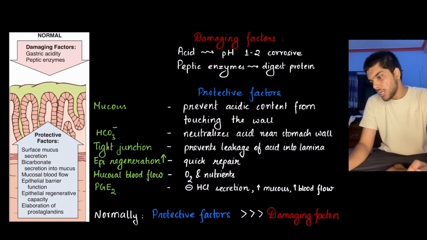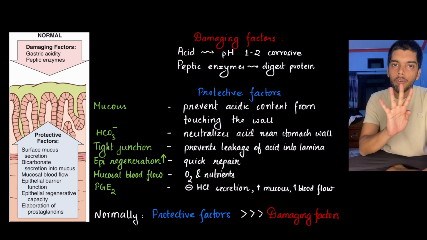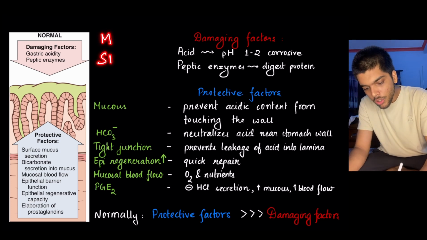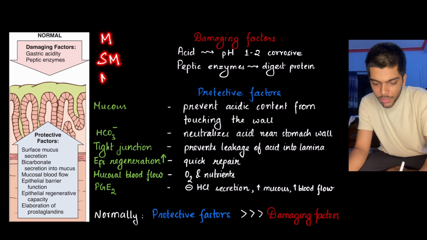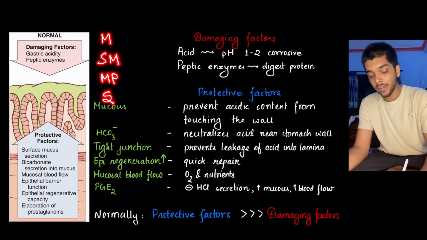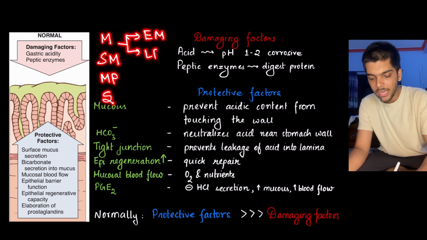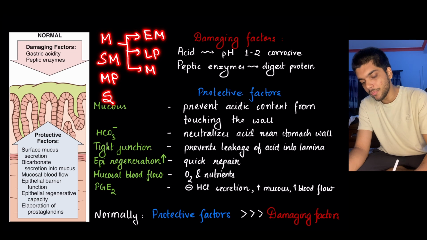See, the wall of your stomach is made up of four major layers. There's your mucosa, submucosa, muscularis propria, and serosa. Mucosa contains three further layers. There's epithelial mucosa, lamina propria, and muscularis mucosa.